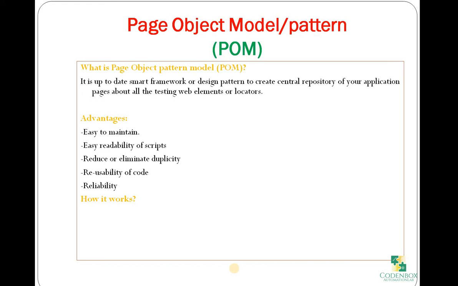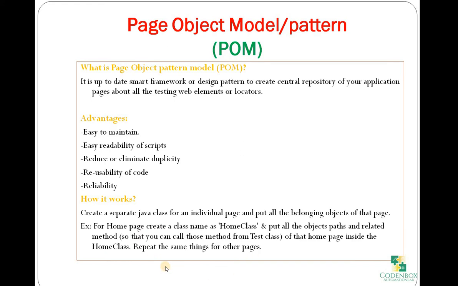If you need to use it in 20 different places, it doesn't matter, you just call the related method of that element. So you are not writing the same address for this specific element in 20 different places, you are not doing a hard code, you are not duplicating your code. So it reduces duplicate work, and it allows reusability of your code, and definitely it's much more reliable.